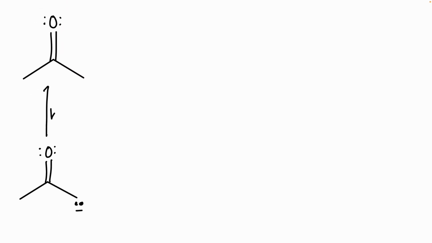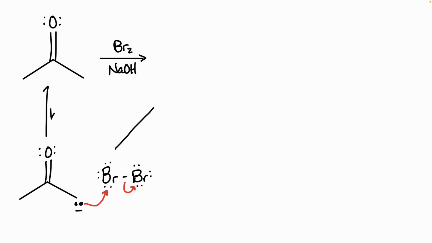Now you can see that this thing is a great nucleophile. It's got carbon with a negative charge. And that pair of electrons is just going to play the role of a nucleophile and attack that bromine. So Br2, basic conditions.